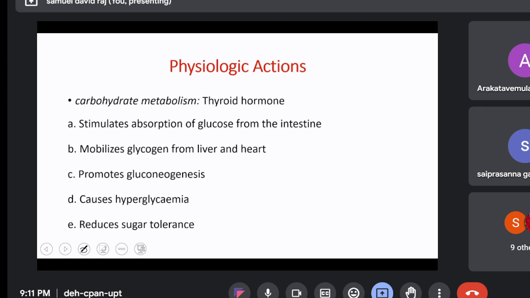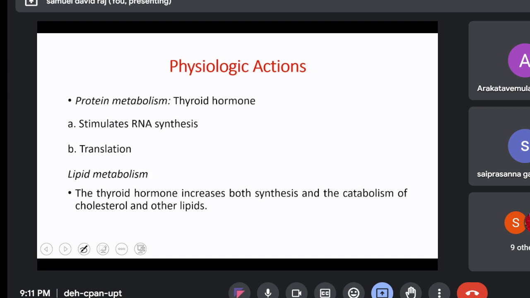And coming to the second one, protein metabolism. Thyroid hormone is responsible for stimulation of RNA synthesis, that means transcription, followed by translation of mRNA producing proteins. So it is a protein anabolic hormone like the pituitary hormone. Growth hormone is also anabolic and thyroxine is also anabolic.